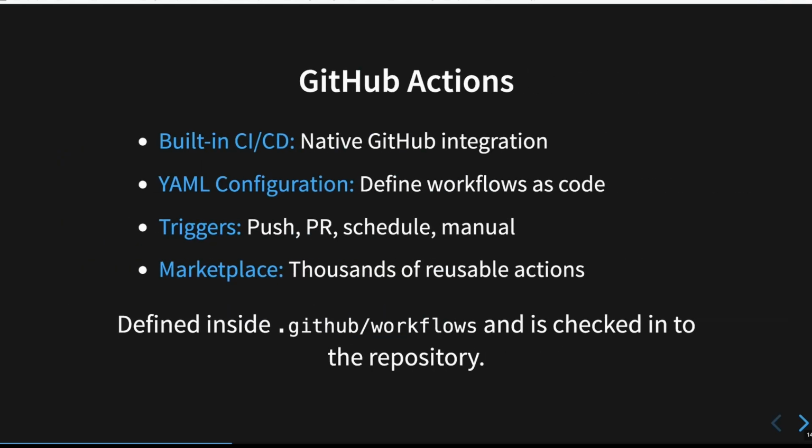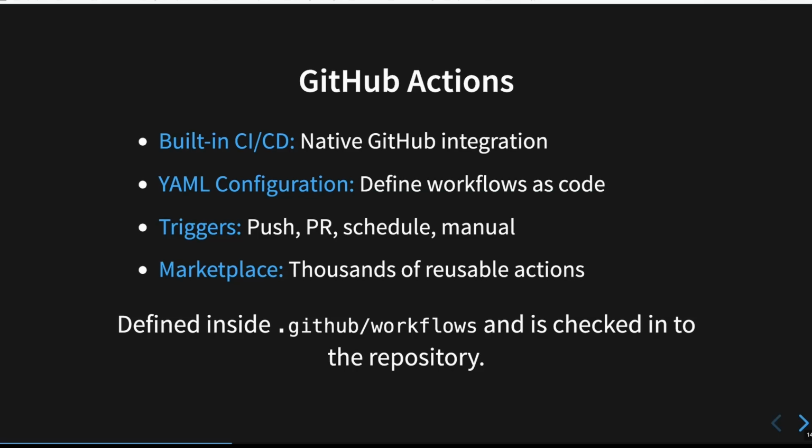Let's have a quick look at GitHub Actions as well. It's a native GitHub integration of CI/CD pipeline. GitHub Actions are generally defined as YAML configuration files, and they trigger on certain events that happen in the repository, like certain pushes in branches, when a PR is opened, on our defined schedule, or even other manual processes.